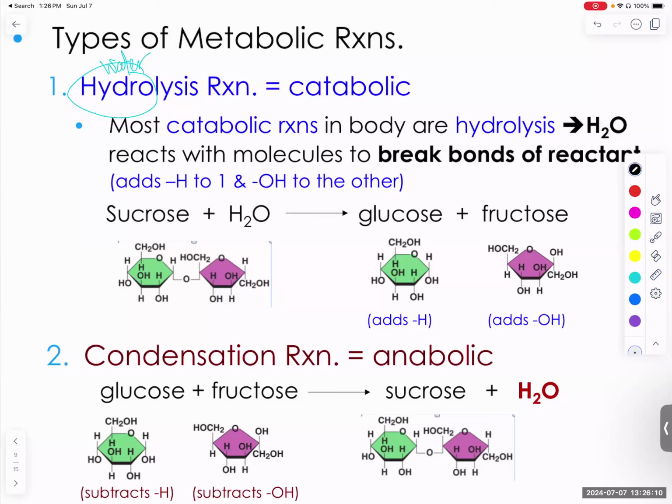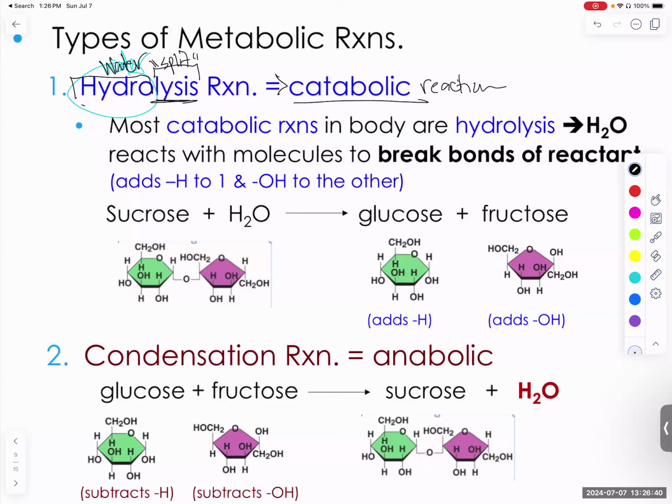And whenever you see lysis, lysis means to split. So hydro means water, and lysis means split. So it's just like it sounds. You're using water to split a big molecule into smaller molecules. That makes it a catabolic reaction.